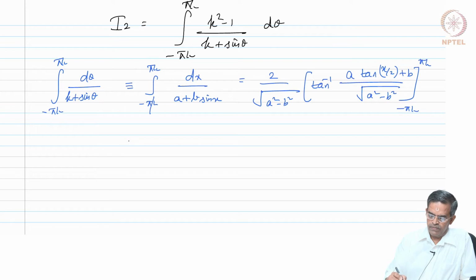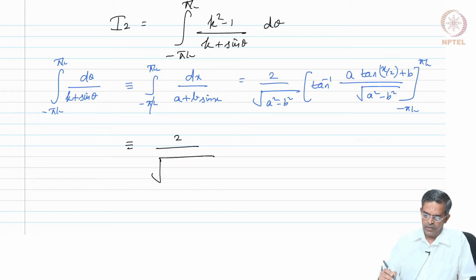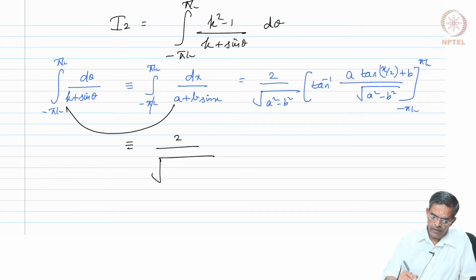Similar to this, I can now write 2 by root of a square minus b square, where a is k, b is 1 and x is theta.